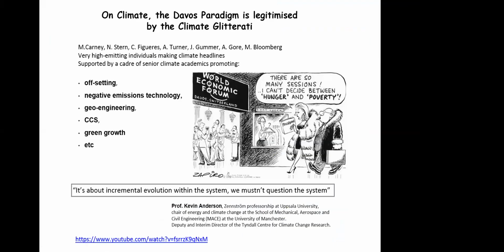We need to look at climate and carbon holistically. It's really important, and very poorly understood, what the scientists are talking about. Very often they're talking about things in millions and billions and trillions, and the numbers are so big.